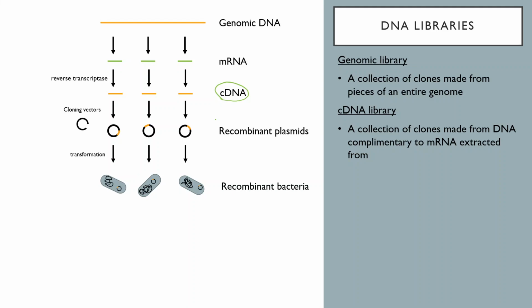You might go back and see which genes were being expressed in a cell, perhaps at different times. If you're studying development, for example, you can look and see which genes are being expressed in an animal as an embryo versus when it's an adult. You can compare gene expression in a tissue before and after, say, a drug has been introduced, or make whatever comparison you want. So that's the power of a cDNA library.